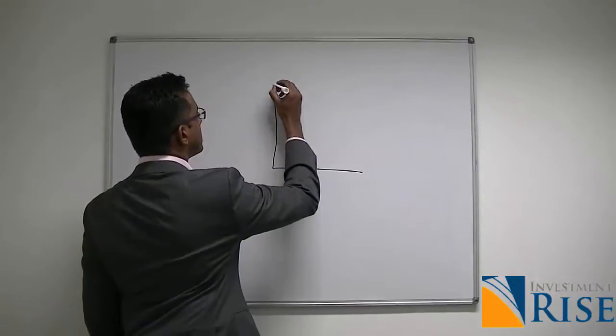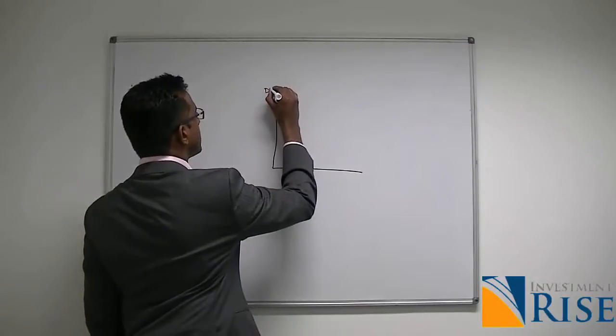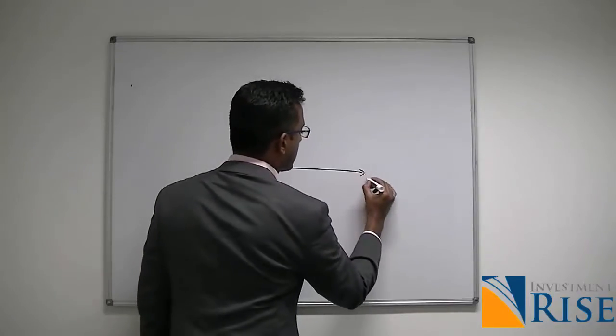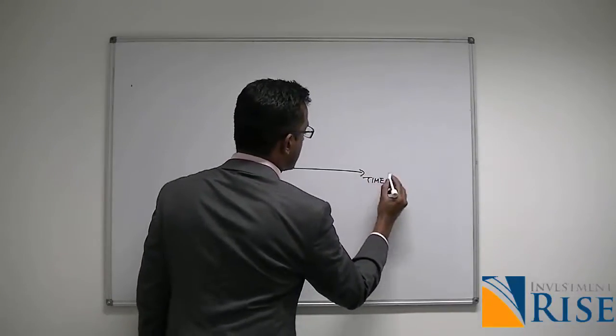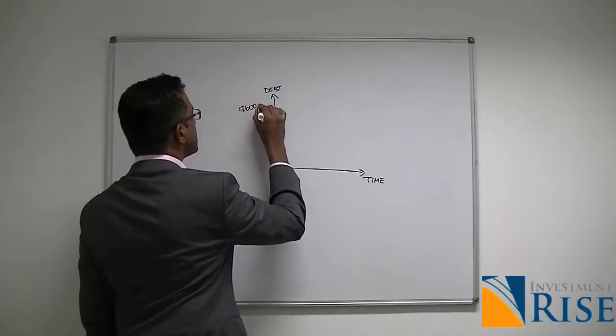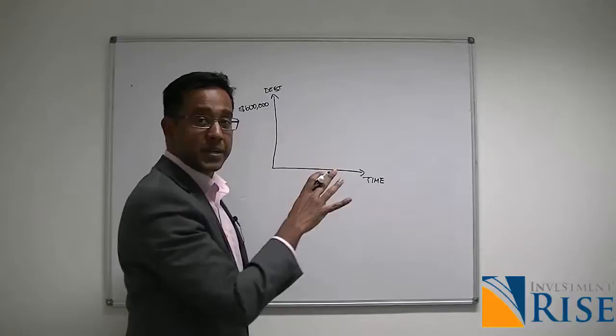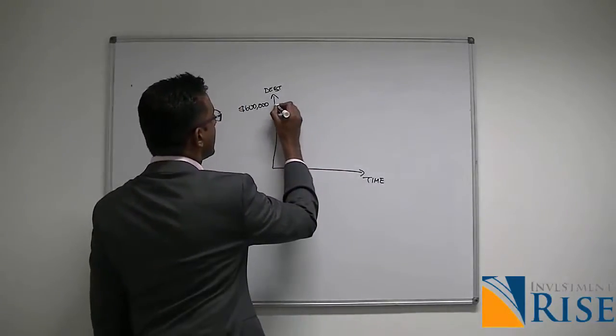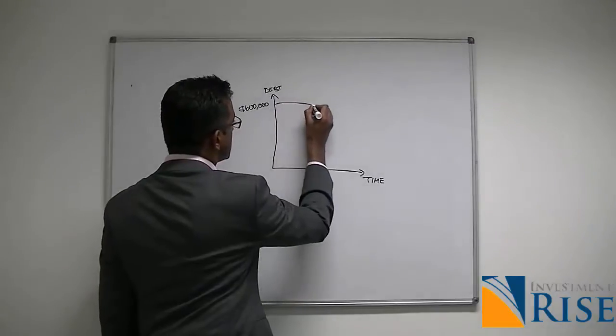We have dollar value or debt value over here on the left-hand side, and then we have time on the right. And let's say we've got a mortgage here of $600,000. Probably a bit conservative for Sydney mortgages, but let's go with that. And how it looks is this.